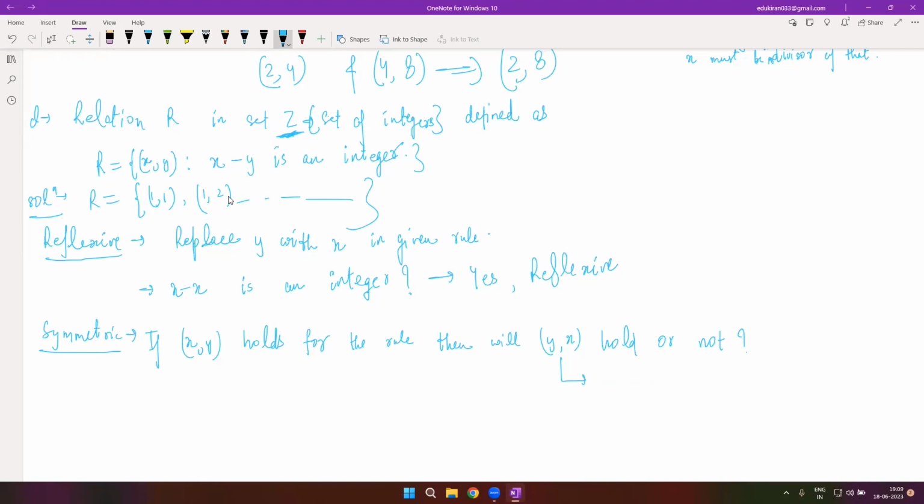Take an example for your help. If 2 minus 4 is an integer, then 4 minus 2 is an integer or not? Yes. Obviously, they'll be just negative of each other, no? And negativity does not break the rule of symmetricity, right?